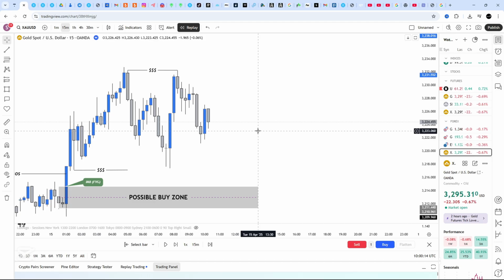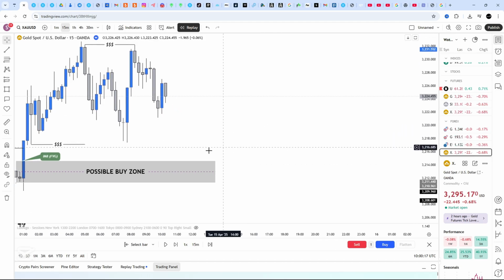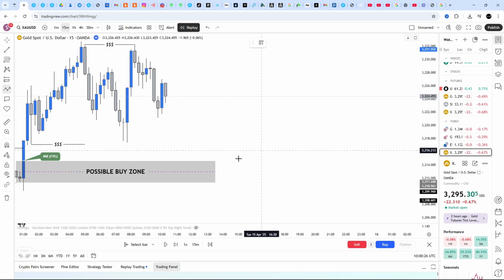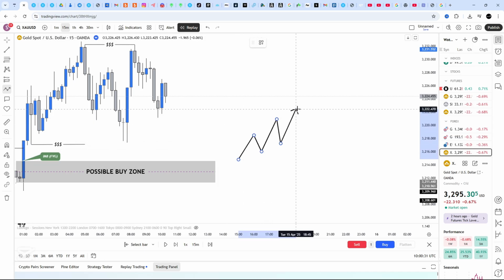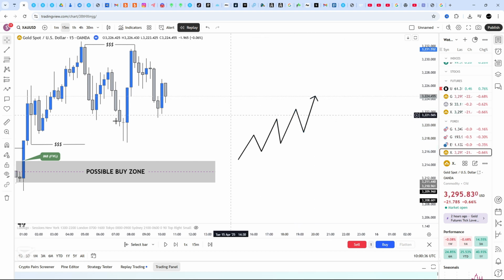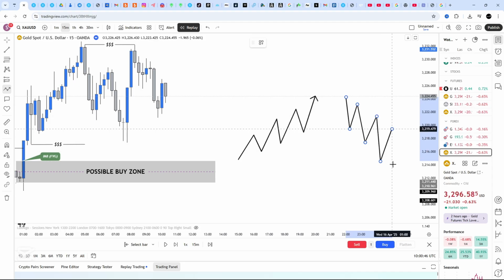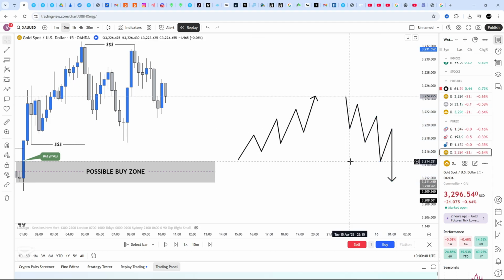We know very well that the market moves in uptrends, downtrends, and also consolidation. The market breaks higher highs in order to create an uptrending mode. Like this, the market comes, retests, and breaks higher highs, and there we confirm that we are in an uptrending market. When the market is dropping like this and it's retesting and breaking lower lows, that means we are in a downtrending market.